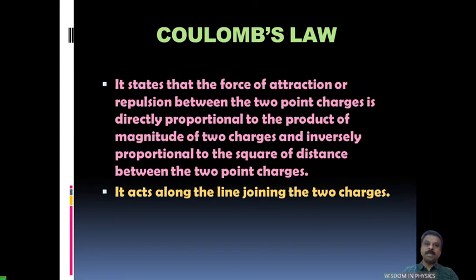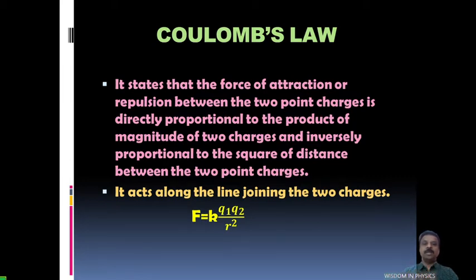When you decrease the magnitude of the charge, the force will decrease. And let's come to the distance. It is inversely proportional to the square of the distance. So when you bring the charges close to each other, the force will go on increasing. When you separate the two charges, the force will gradually decrease.